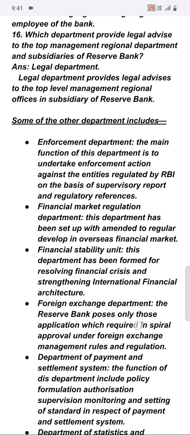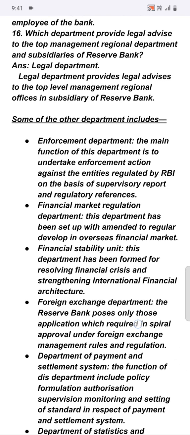This department has been set up to regulate developments in the overseas financial market. 3. Financial Stability Unit. This department has been formed for resolving financial crises and strengthening the international financial architecture.